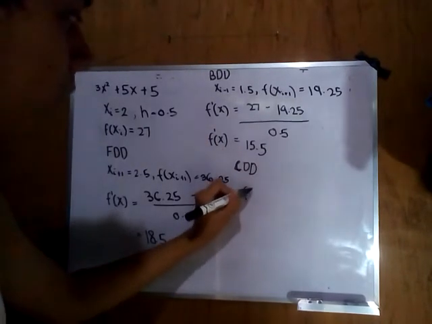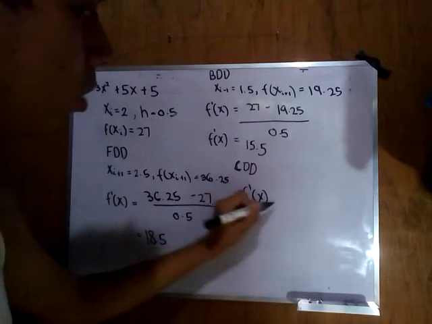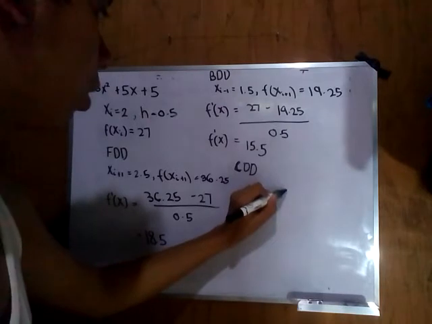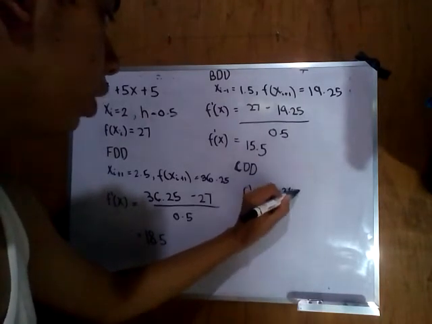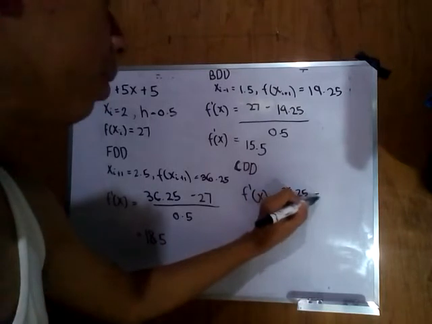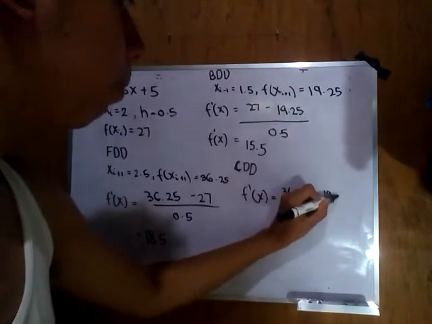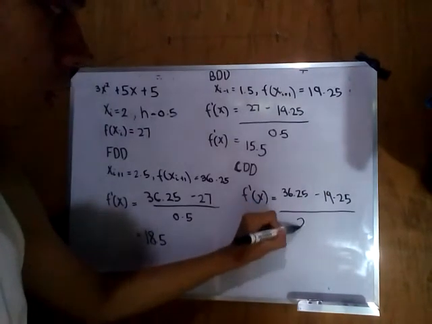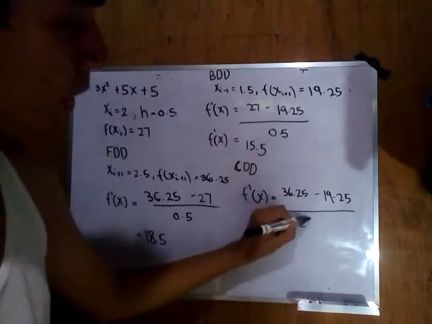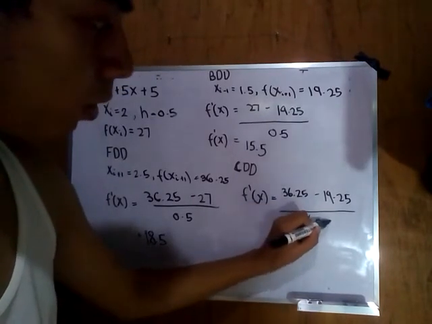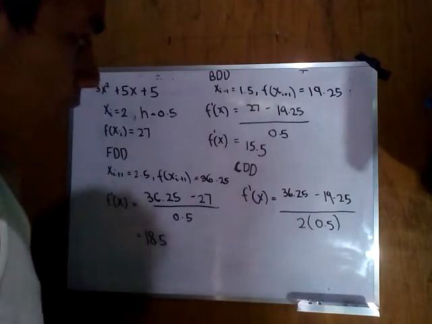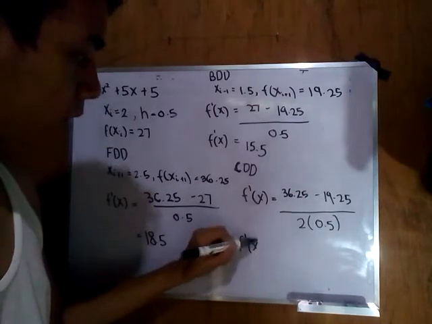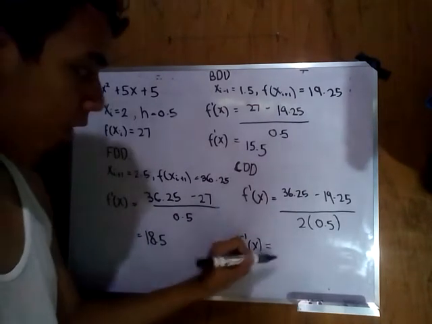So our f prime of x is equal to 36.25 minus 19.25, all over 2h. Our h is 0.5, so 2 times 0.5, and we have a value of f prime of x at point 2 of 17.